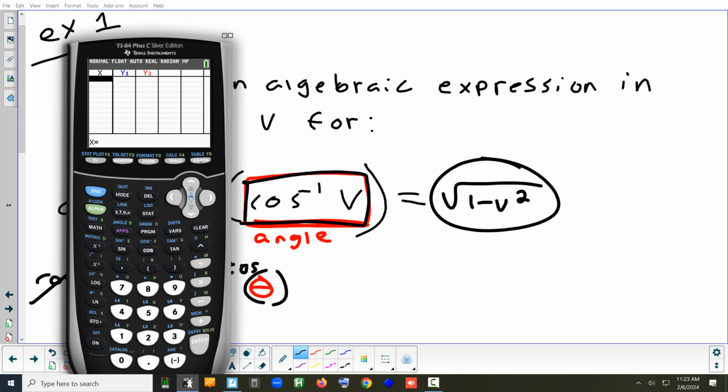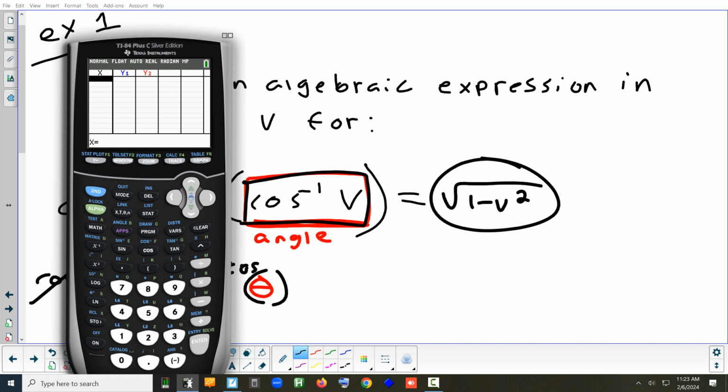You could plug in 0, that'd be okay. 1 minus 0 is 1, and the square root of 1 is 1. But what's the lowest number you could plug in and not have a negative under the square root? Negative 1. It's exactly the domain of inverse cosine, negative 1 to 1.